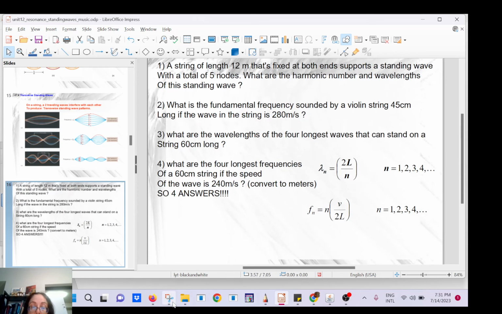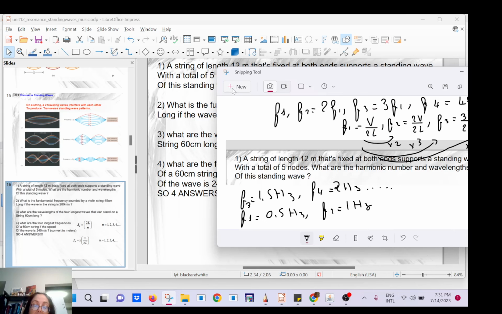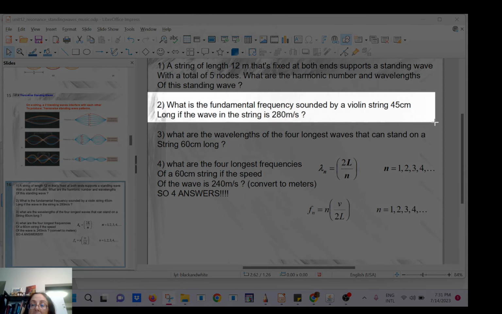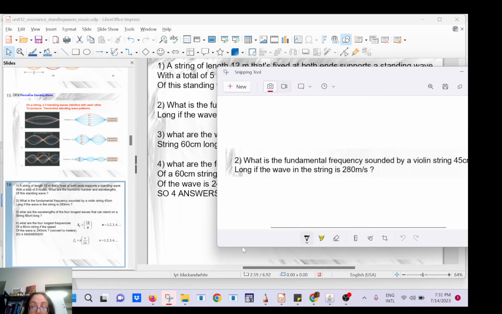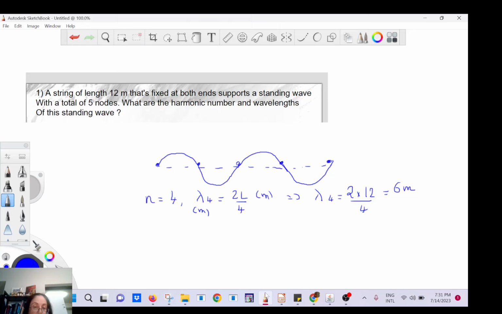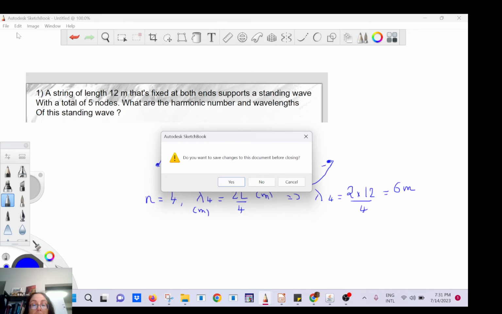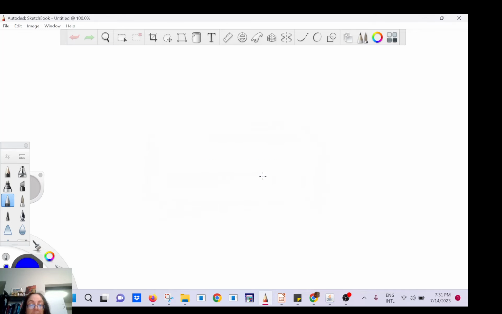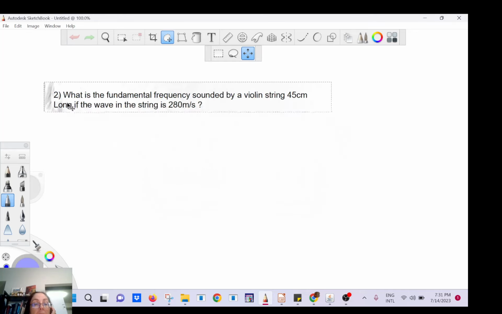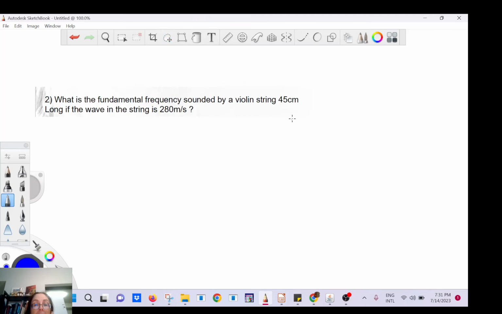So let's do this one. So we didn't do waves yet, but I told you that the speed of a wave on a rope, on a string, depends on the tension.